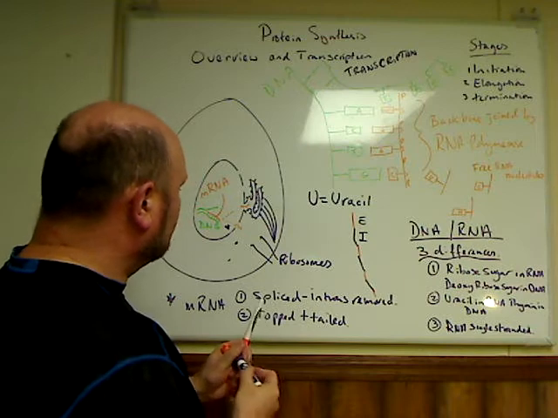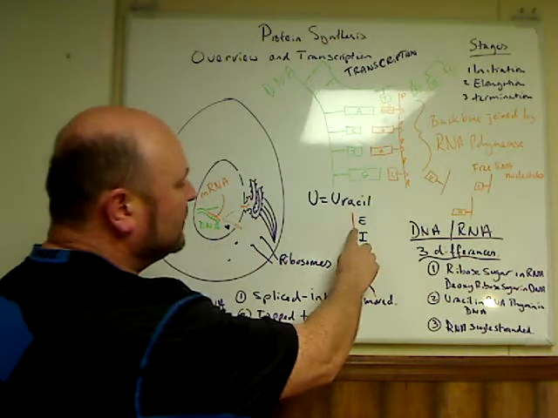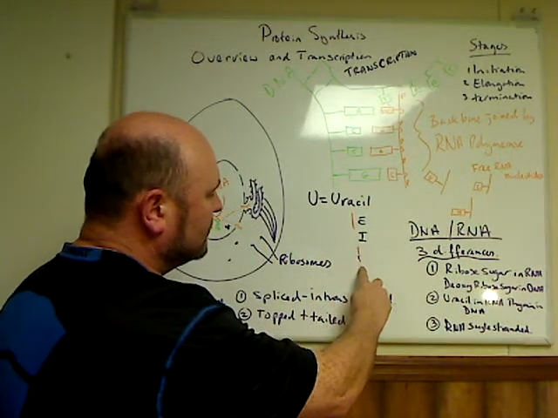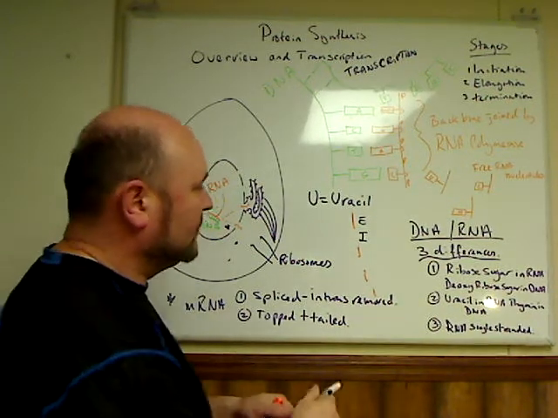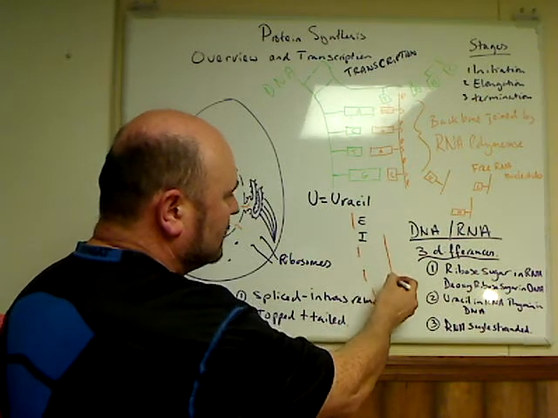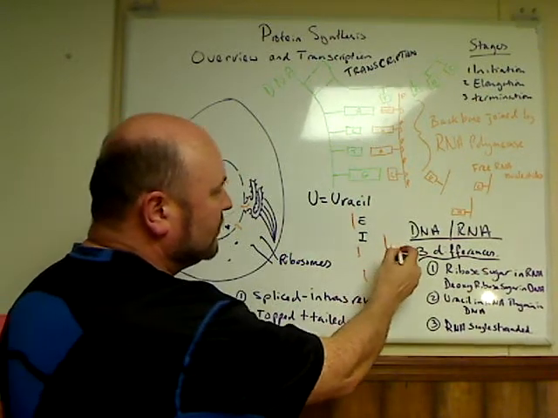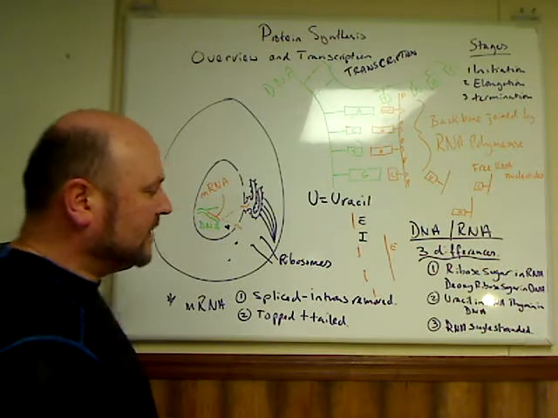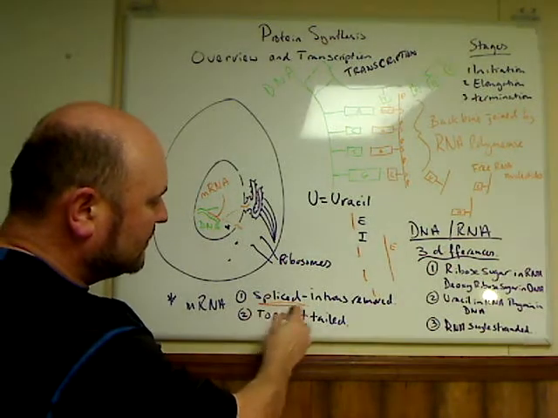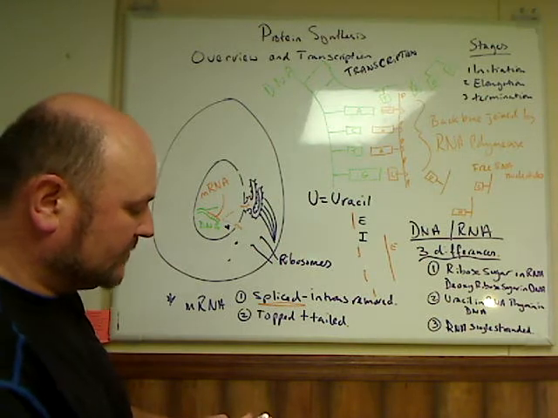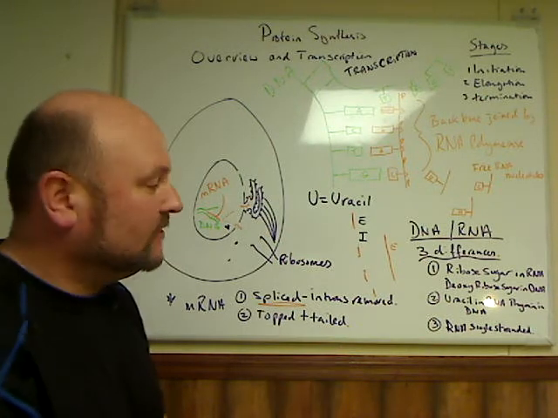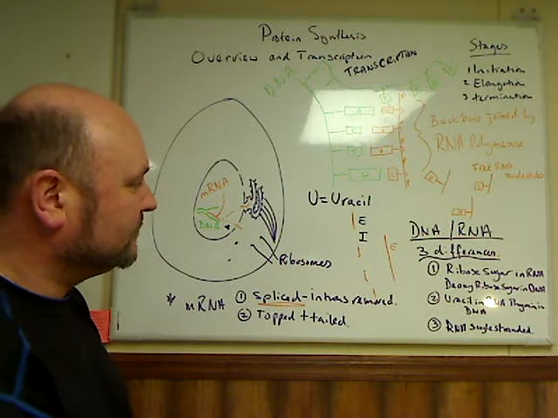So before it leaves the nucleus, the introns are removed, and this becomes a shorter molecule, but these are all exons joined together. So introns are spliced out of the messenger RNA, so it's almost like a shorter version of the original message is carried out.